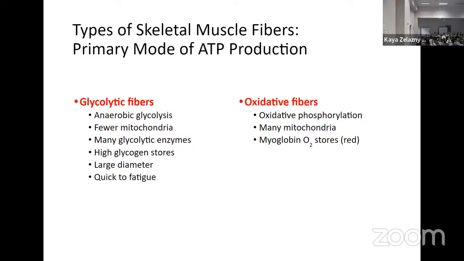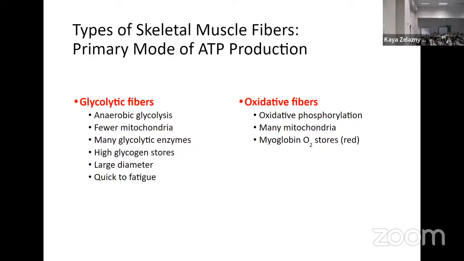So if you eat a turkey at Thanksgiving, you have white meat and dark meat. That dark meat, that's the myoglobin. That's specifically in the muscle fibers that need that oxygen for oxidative phosphorylation. So different muscle fibers are located in different parts of your body because those muscles do different things.